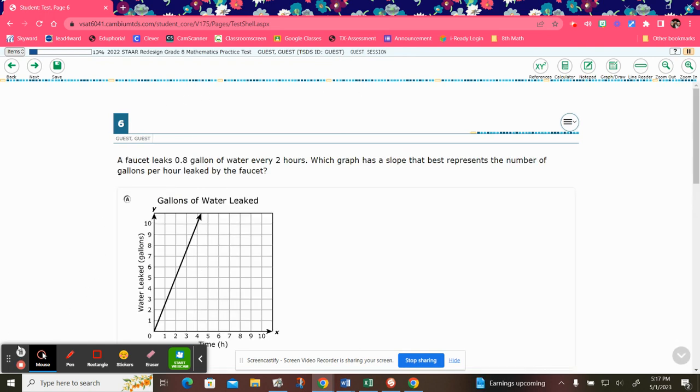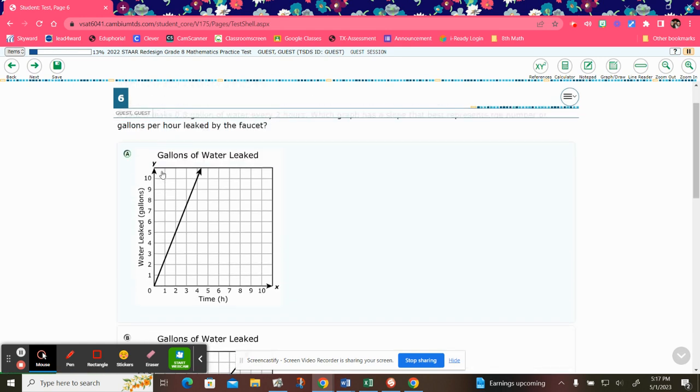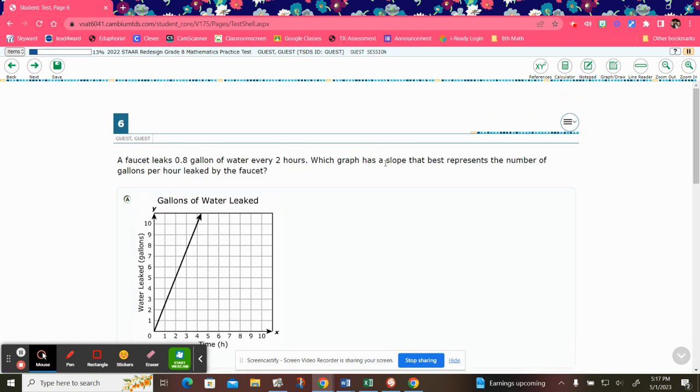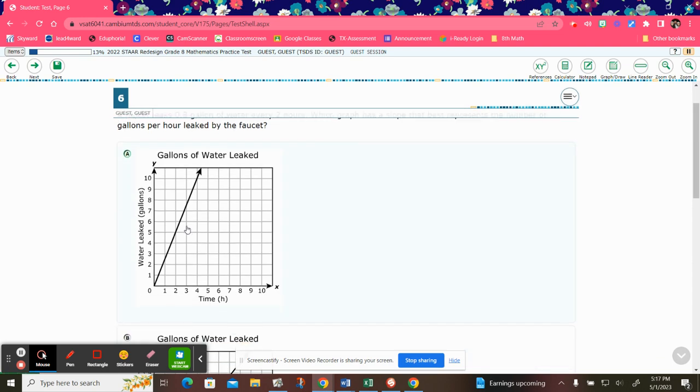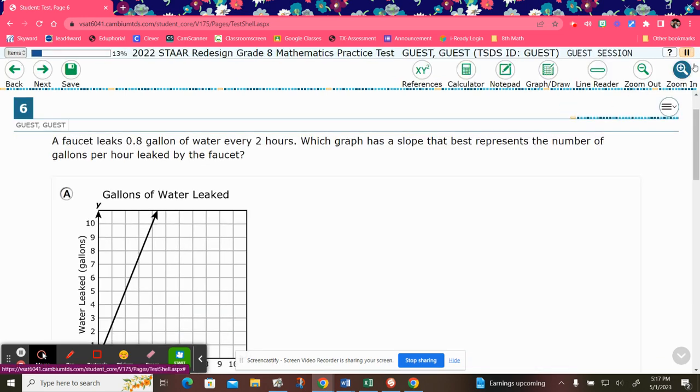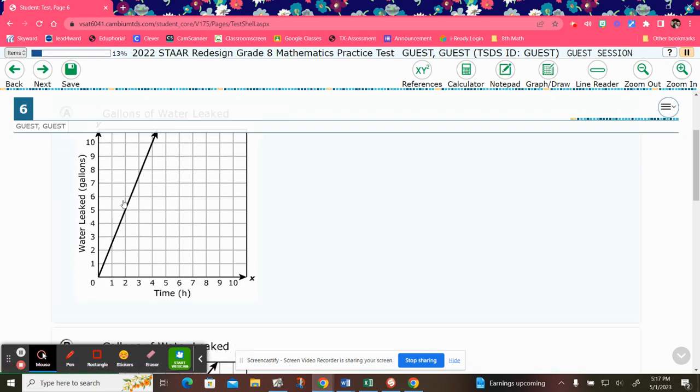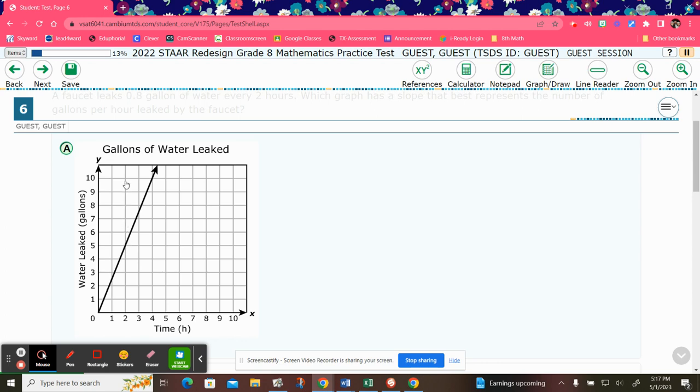Okay, so for this next one, number 6, the feature that I want to show is the zoom in and out. So this is talking about slope. So I'm going to go ahead and zoom in so that it's a little easier for me to count that rise and run. Okay.